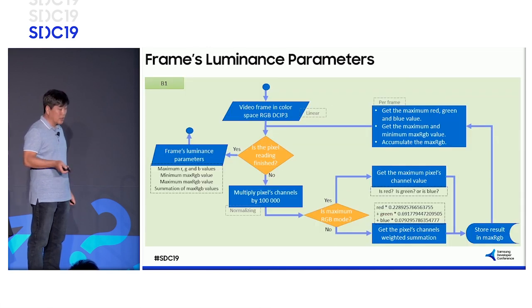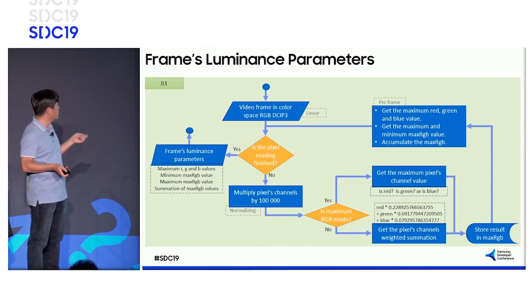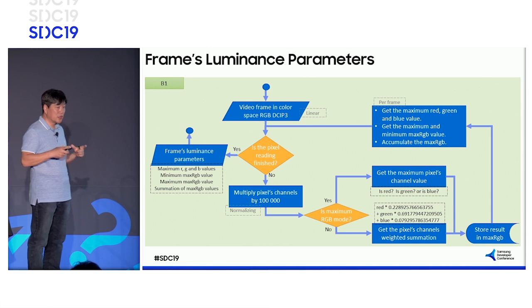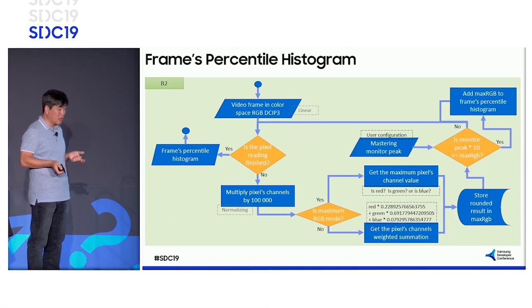The parameters here are the maximum RGB values and the maximum of all of these. That's the kind of statistic information which represents the scene. And then finally, you can get the percentile information.